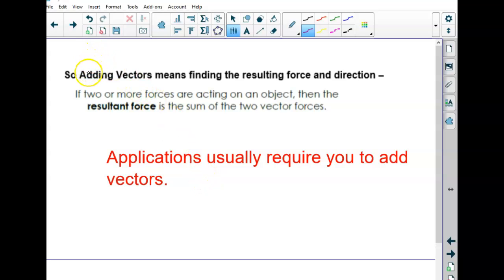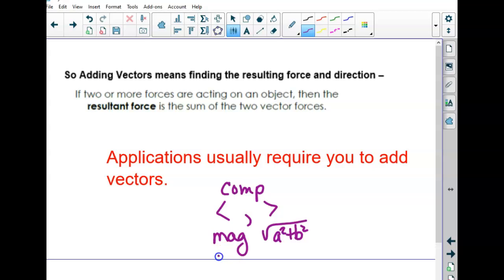There's going to be 3 steps to this. You're going to need to make sure you have the components. So you want an answer like this. And then you're going to need to find the magnitude, which means you want to do the square root of a squared plus b squared. And then you are going to want to find the degree or direction.